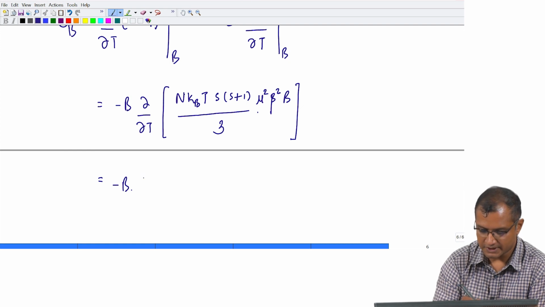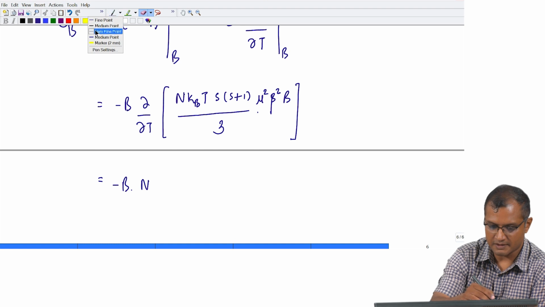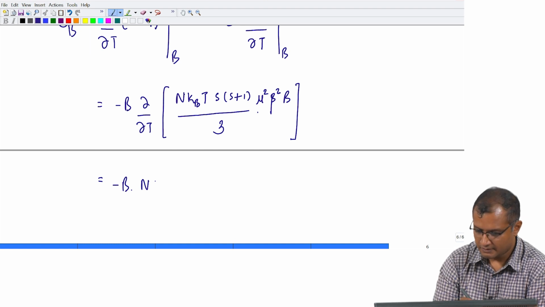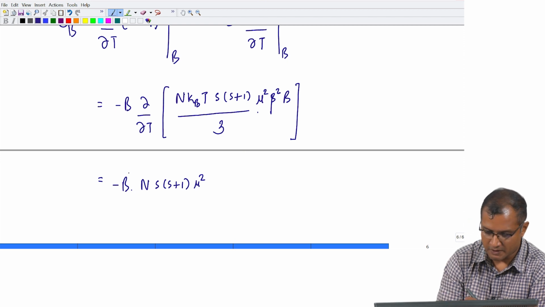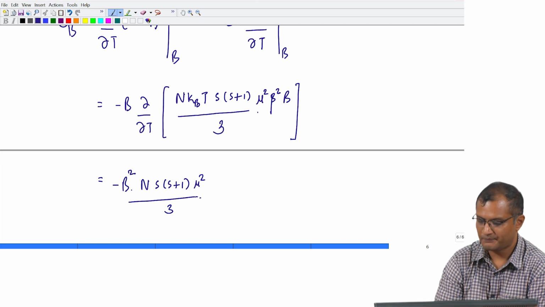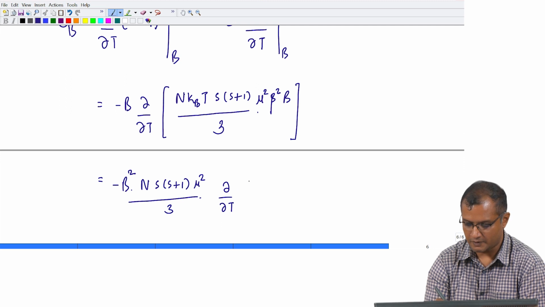I will take out all the constants first, N into S into S plus 1, mu square, B square over 3, and d by dT of 1 upon kBT.